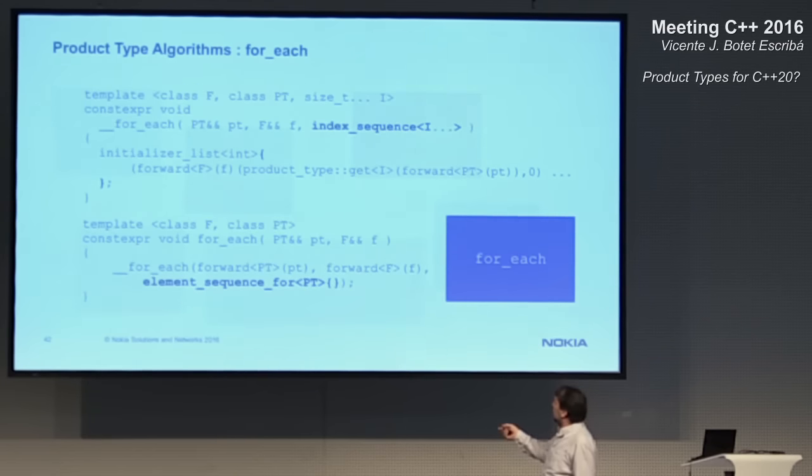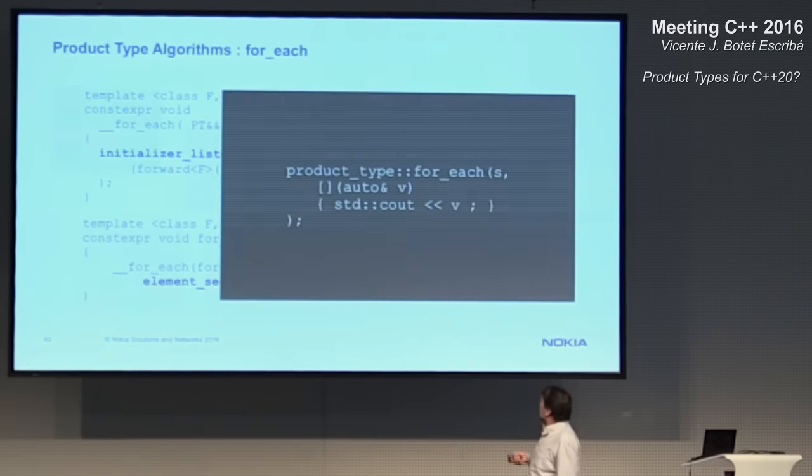Invoke this function, and we are taking each one of the elements, and we call this function on each one of the elements. And here is a trick to return 0 so that we have an initializer list of ints. This is just to be able to initialize this expression.